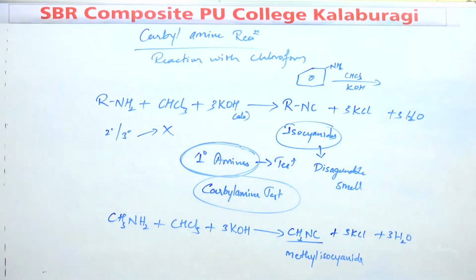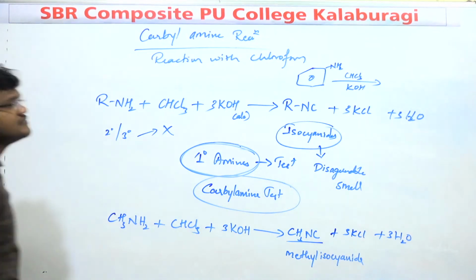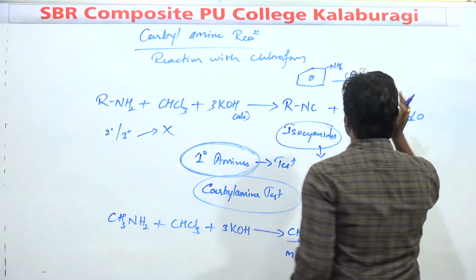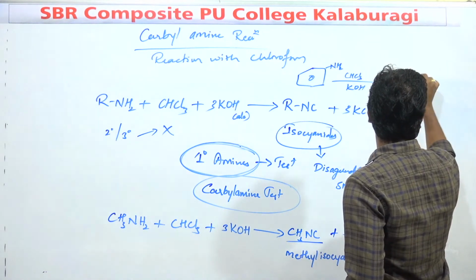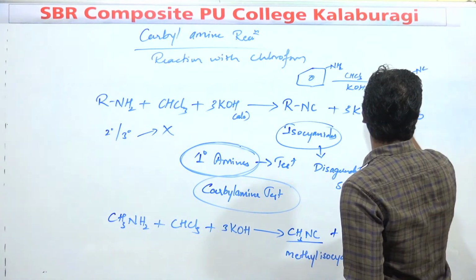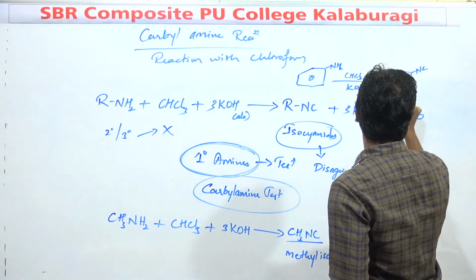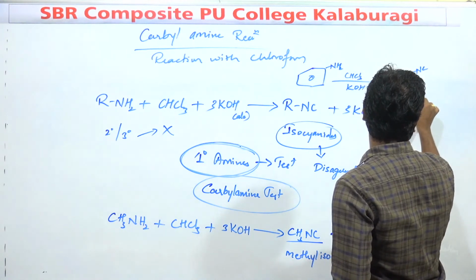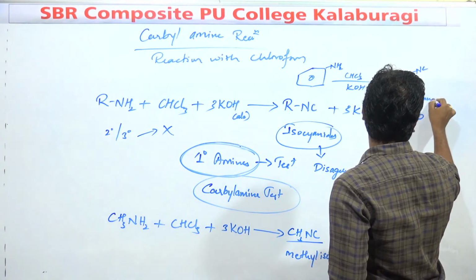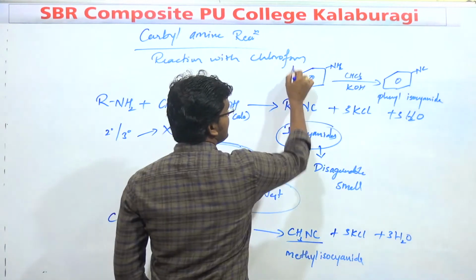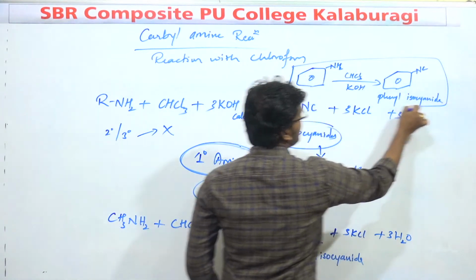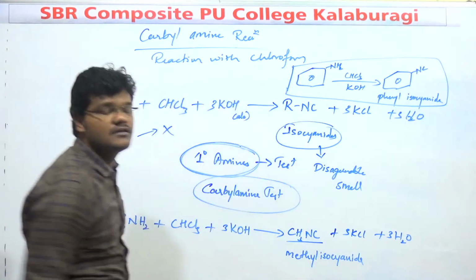Can you please tell me what you are going to get? Yes, it gets converted into phenyl isocyanide. Carbyl amine test for primary.